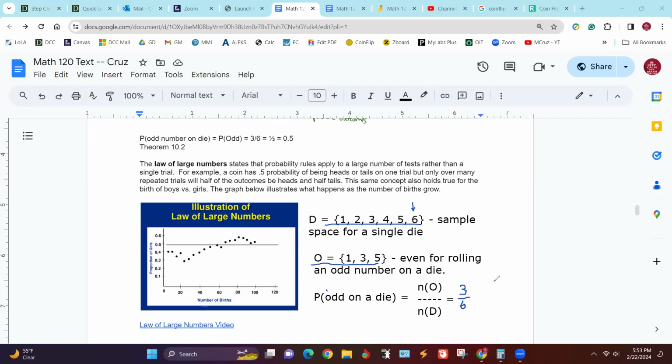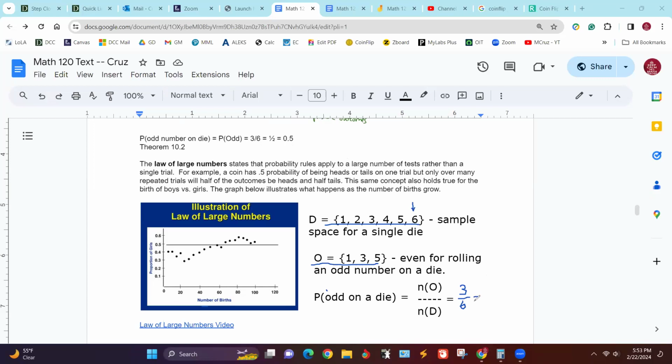The larger number always goes on the bottom because, as we're going to see in a minute, a probability is always a fraction. When I say it's a fraction, it means it's going to be between 0 and 1. It doesn't have to be expressed as a fraction. It can be expressed as a decimal, as we saw up here with the one up here. Okay, it can be expressed both ways.